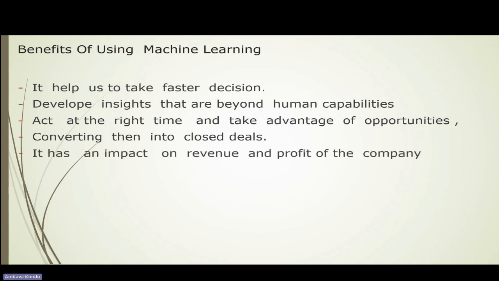It has an impact on the revenue and profit of the company. So machine learning can analyze big data that a human being cannot, right? So that's why we're moving towards machine learning. Businesses analyze this huge amount of data, take business decisions, and use them to move towards business growth.